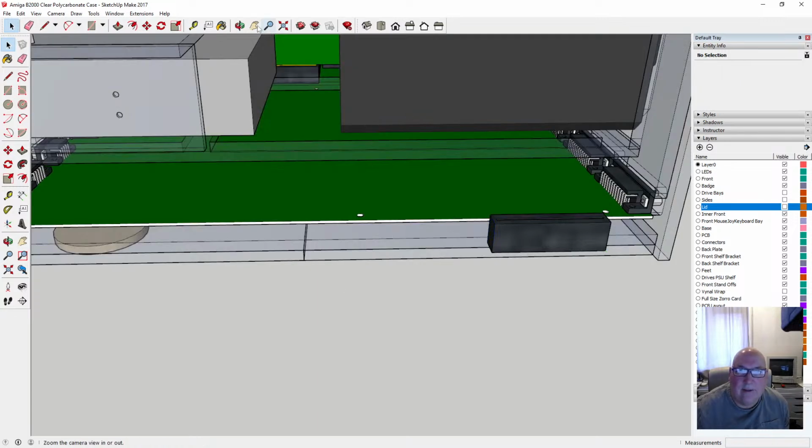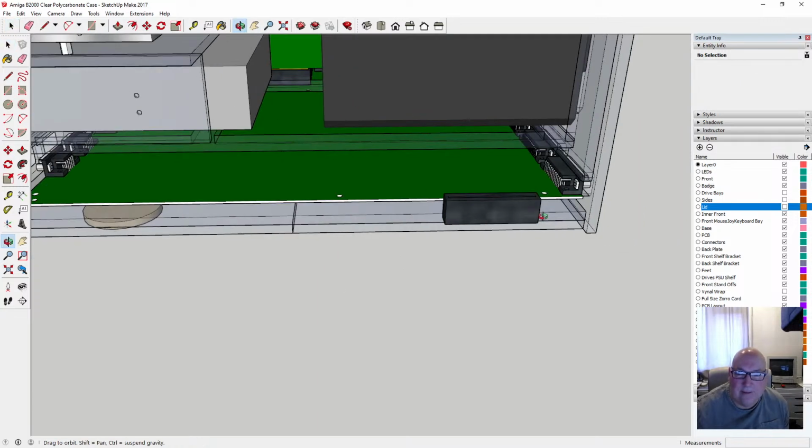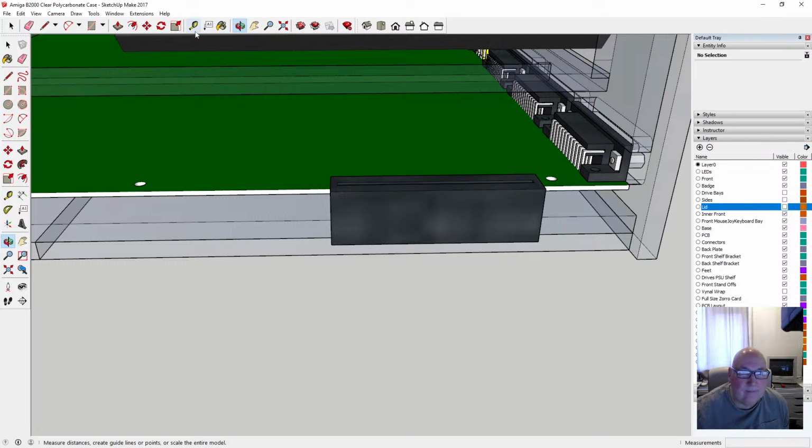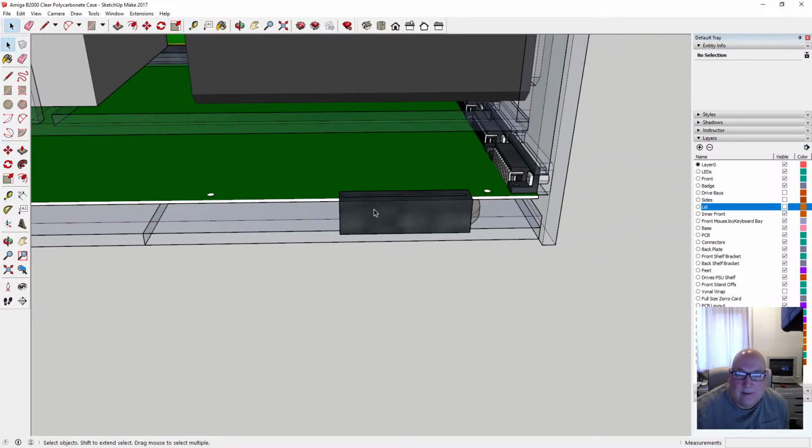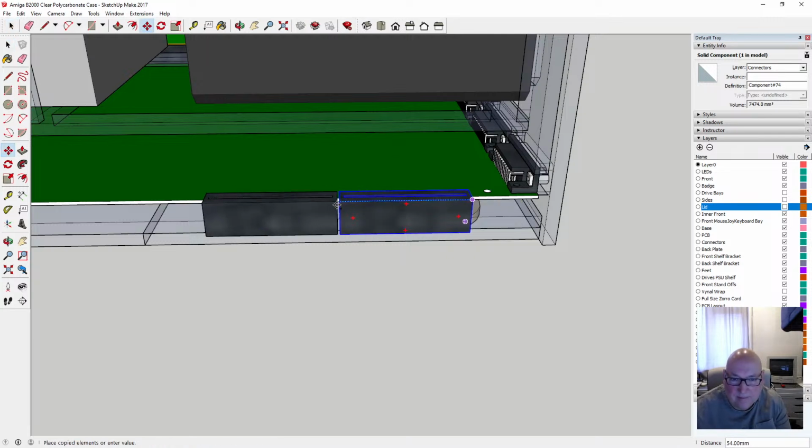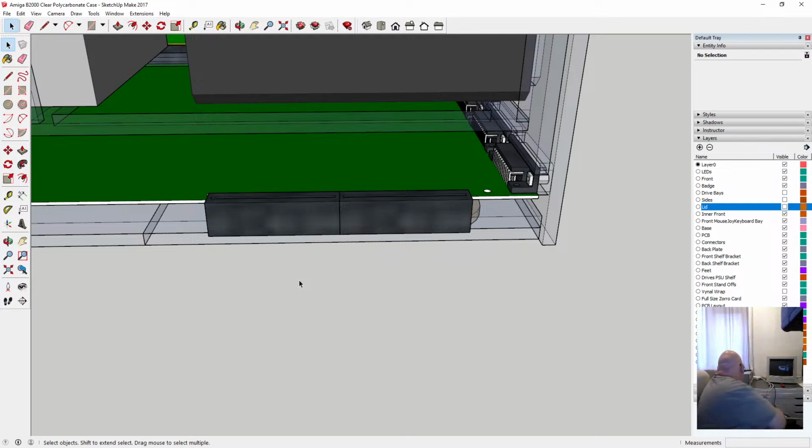Okay, so now we should have something that's 53 long. Yeah, and we need two of them, so let's get two of them. And there's a bit of a gap. Let's see what the gap's like. It's not much of a gap. I guess it's a 1 mil gap.